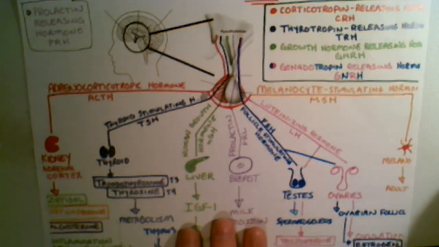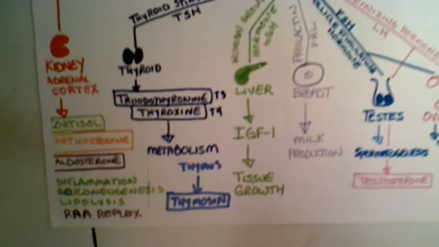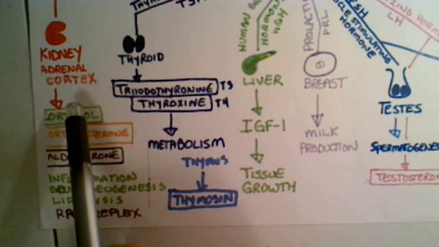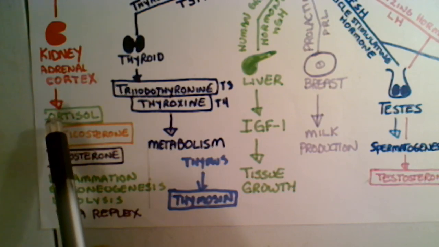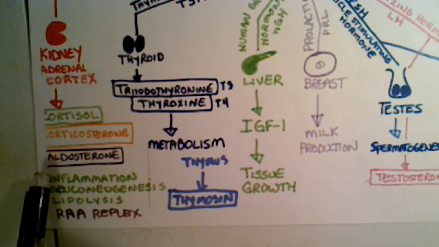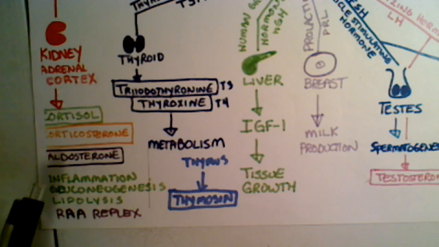Now, adrenocorticotropic hormone does several things, right? So what it does is it tells the adrenal cortex to produce the hormones cortisol and corticosterone, and then it tells the adrenal cortex to release aldosterone. Now, cortisol and corticosterone, we've kind of talked about in the past. It is going to knock down inflammation, so it helps guard against inflammation. And then it's involved in fat processing, gluconeogenesis, and lipolysis.